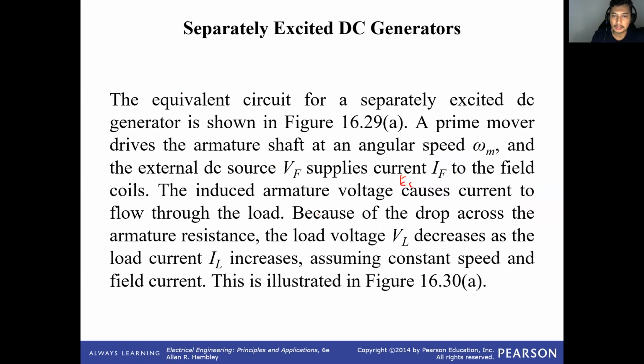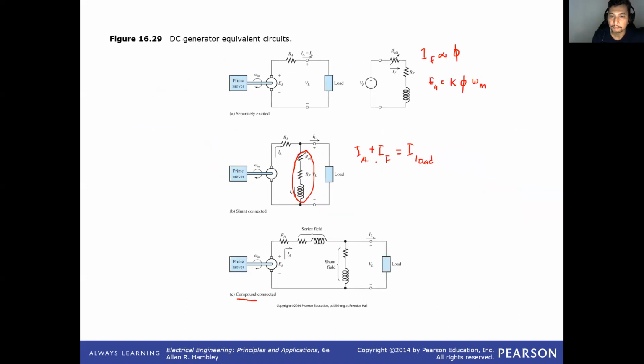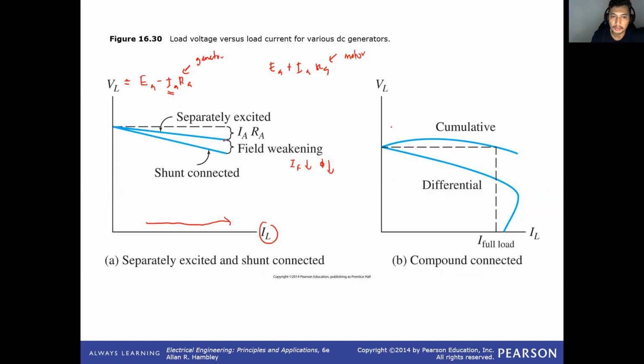As you can see from this figure, this is your I load. To increase the I load while maintaining IA, IF must be reduced. So it has a much larger voltage drop compared to the separately excited DC generator.